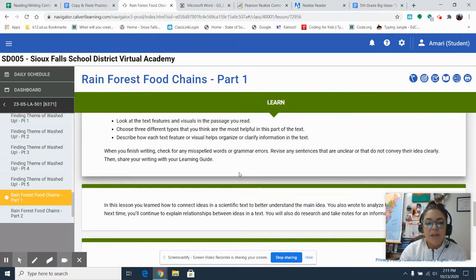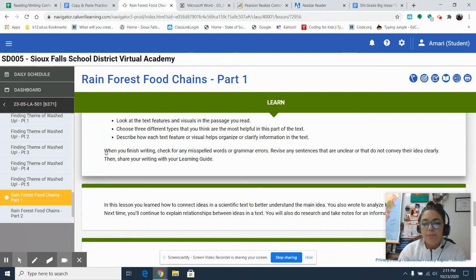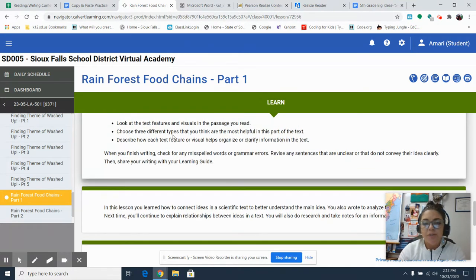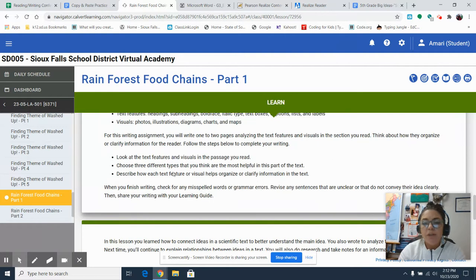So basically, you will click on the link that I provided in our guide for the Google document. And you're just going to choose 3 different types of the informational text features that you think are the most helpful. You can either insert photos and caption them and describe a little bit. But it'll probably take up 3/4 of a page to 1 page.